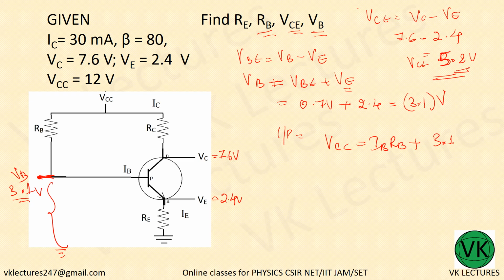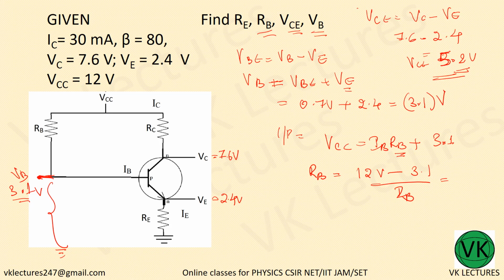Now what we want? RB. RB is equal to VCC, what is VCC? 12 volt minus 3.1 divided by IB. So IB we don't know, but we know IC and beta. So IB is equal to IC by beta.